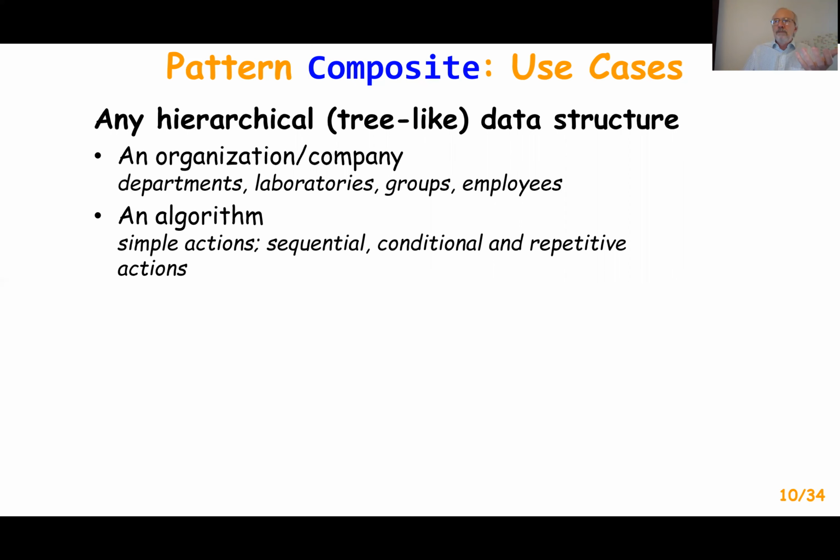If we think about a program in a programming language, which is actually an algorithm, we can see so-called simple actions, something like assignment. Assignment is a kind of elementary action. It can be considered as an example of a terminal class, or an object of a terminal class.